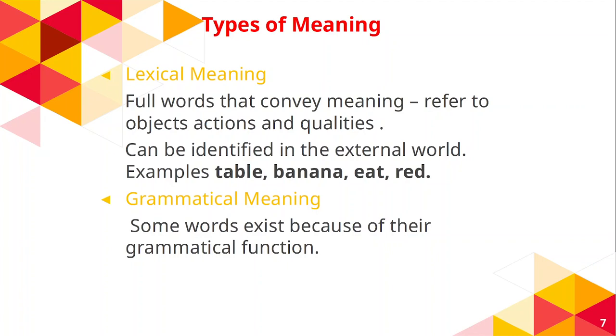And these objects, actions or qualities can be identified in the external world. Take for example, table. You can easily see and visualize banana, a fruit, eat and read.